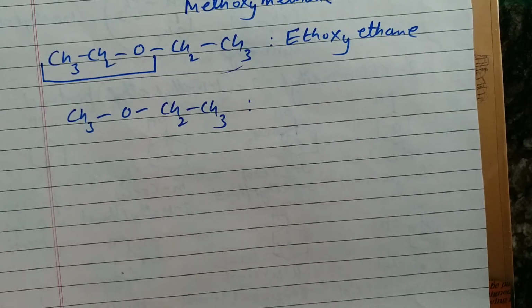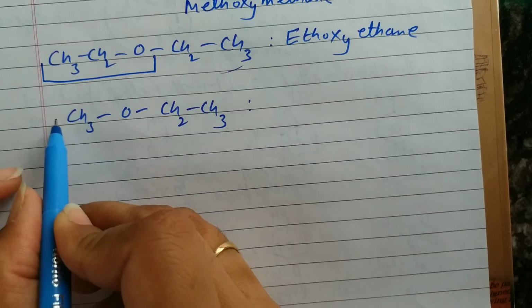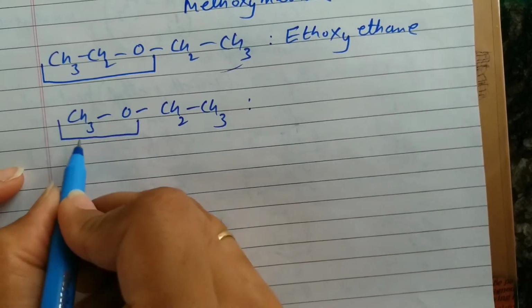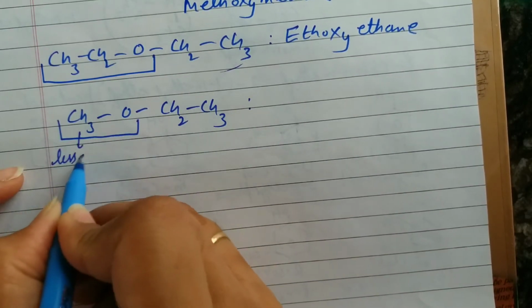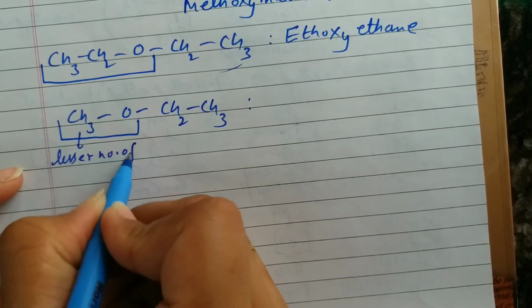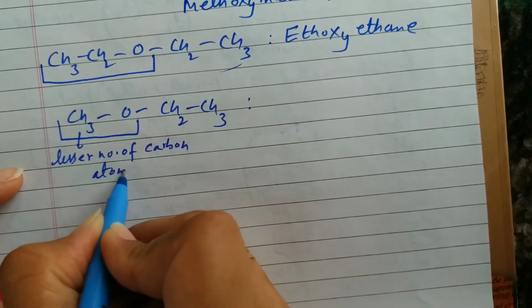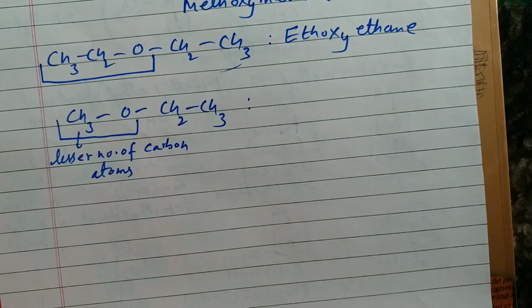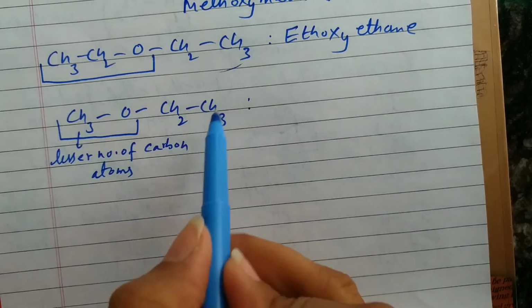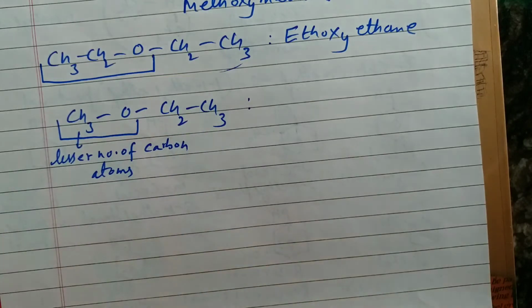So the rule here is the group with lesser number of carbon atoms is to be taken with oxygen as the alkoxy, and the one which contains a greater number of carbon atoms will be the parent alkane.